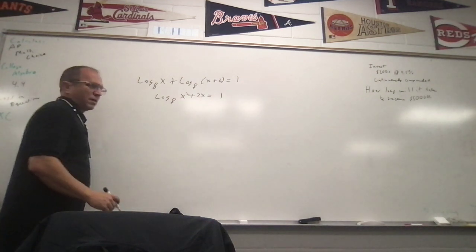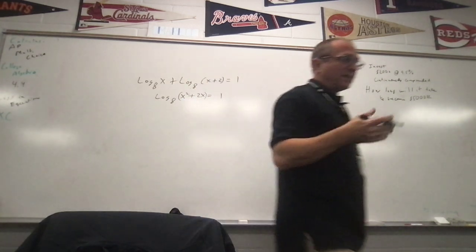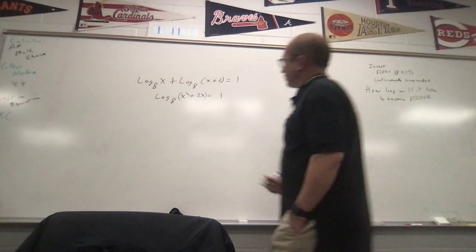All right. So now we have a single logarithm equal to a number. So we could write that out in exponential form. So that means that 8 raised to the first power is equal to what?